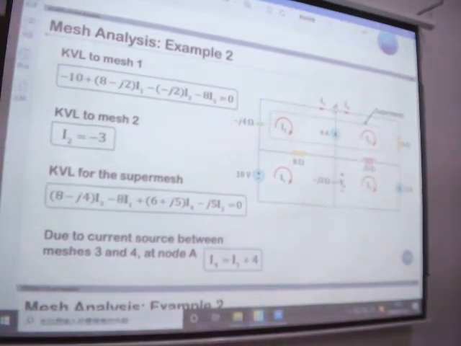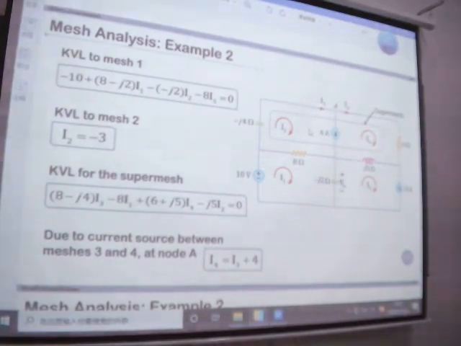But it's still better to use it because the 4 ampere source is on a joint branch, so it is better to use the super mesh. Otherwise, we cannot just write out the equation directly. We also can write the 4 ampere equal to I4 minus I3. It's the same actually. It's one more equation, right?